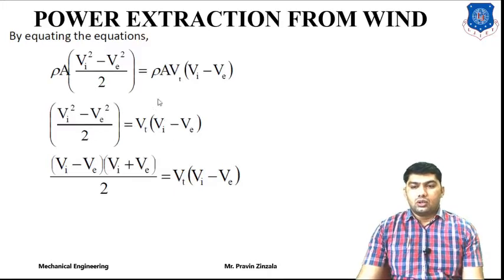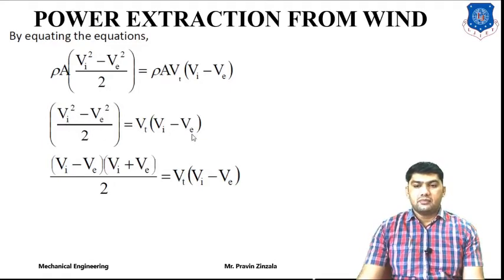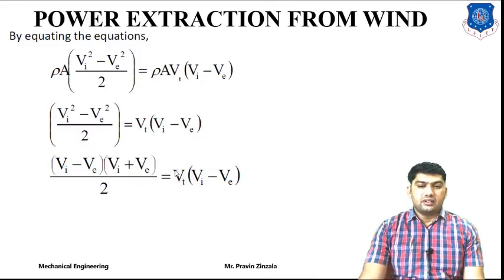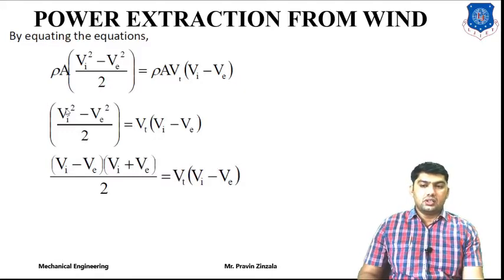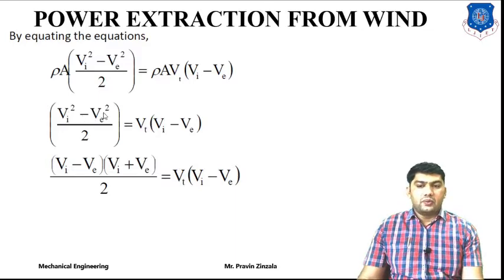By simplification, rho A will be cancelled. So (Vi square minus Ve square) by 2 is equal to Vt (Vi minus Ve). So we get the final equation for Vt, where Vi minus Ve and Vi minus Ve can be cancelled, because Vi square minus Ve square we can also write as (Vi minus Ve) into (Vi plus Ve). It is the mathematical equation.